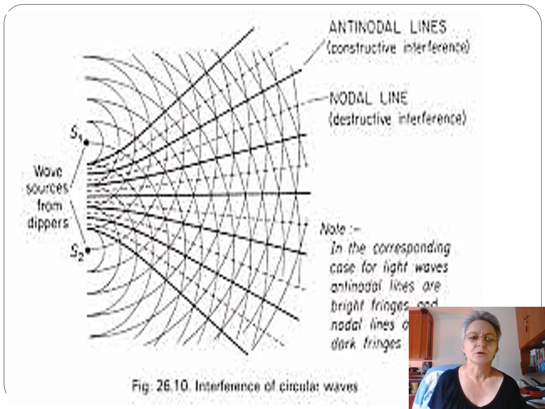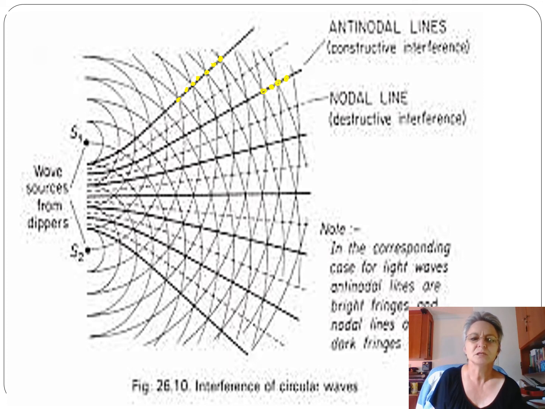The circular wave fronts are more accurately drawn here. If you look at this first, two crests meet, two troughs meet, two crests meet, two troughs meet, and you can carry on like that. Here you have two troughs meeting, two crests meeting, two troughs meeting.